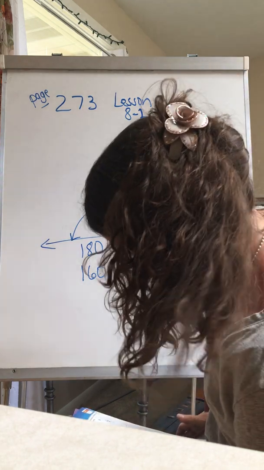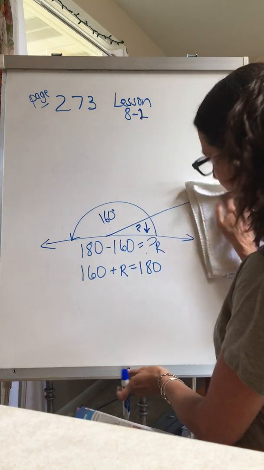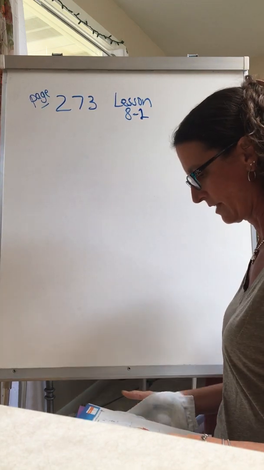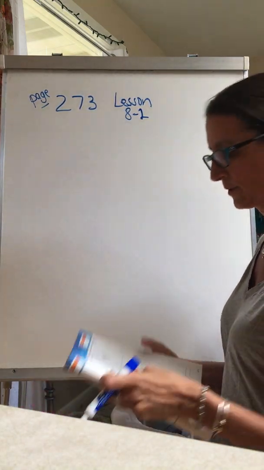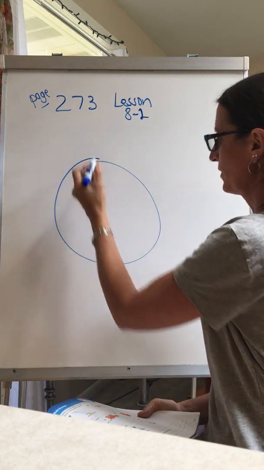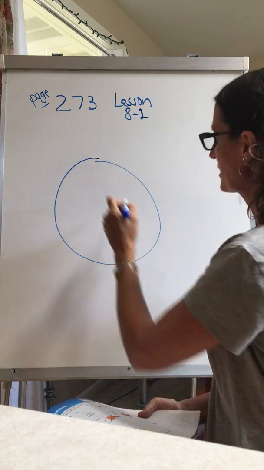Okay? Number 4, again looking at number 4, we know that the whole pizza is 360 degrees. Okay, so the whole thing is 360.